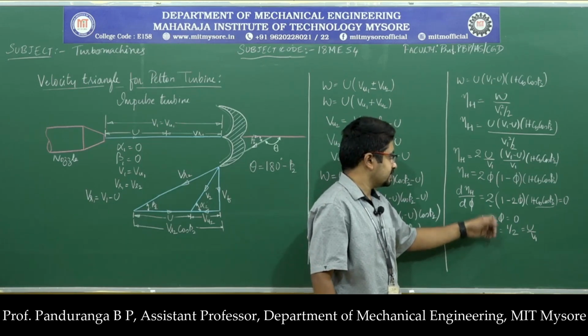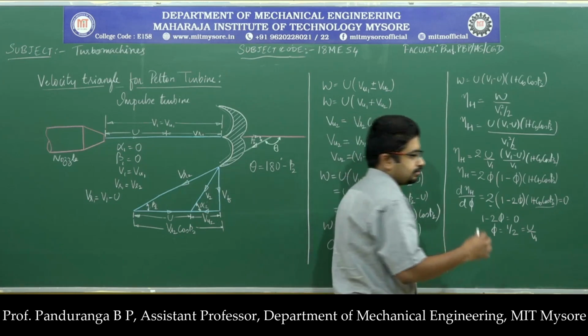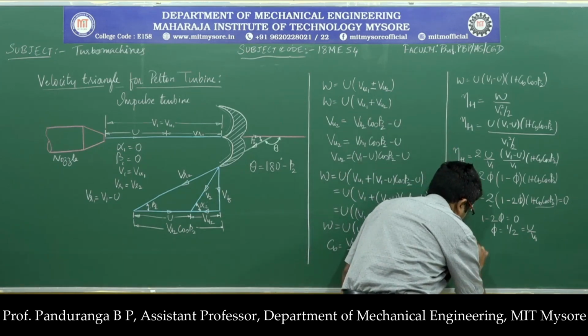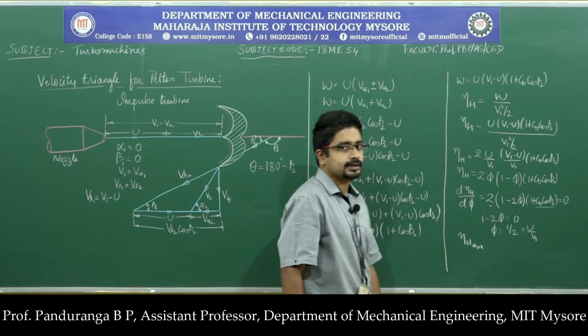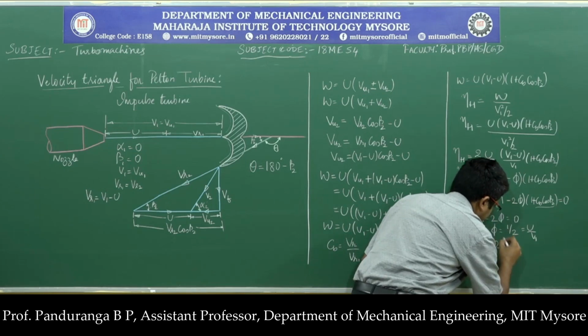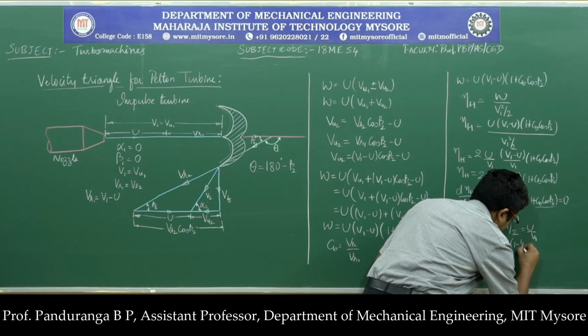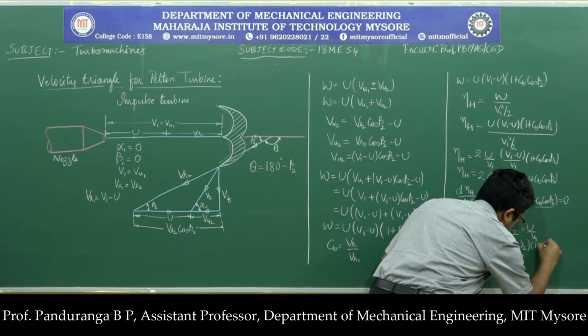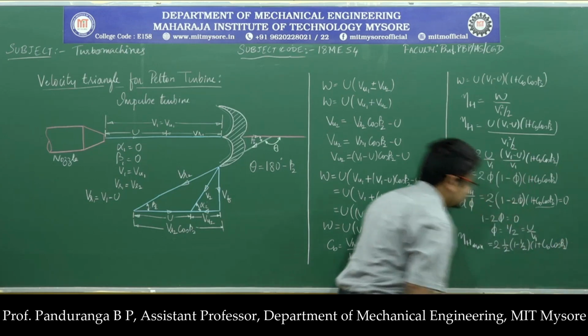Now I will substitute this in the equation to get the maximum hydraulic efficiency. So eta h max will be equal to 2 into phi, which is half, 1 divided by 2, into (1 minus 1 by 2) into (1 plus CB cos beta 2).